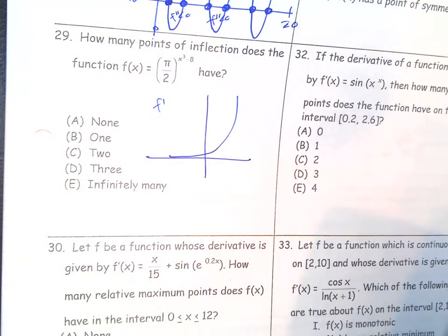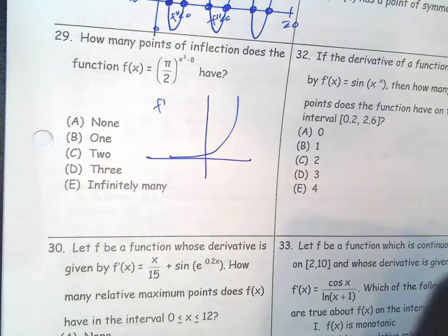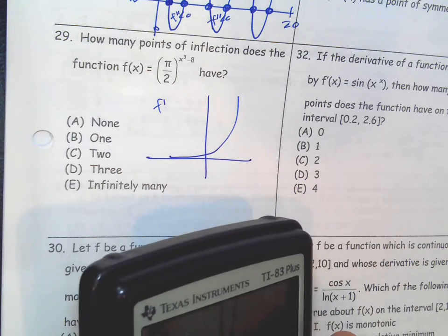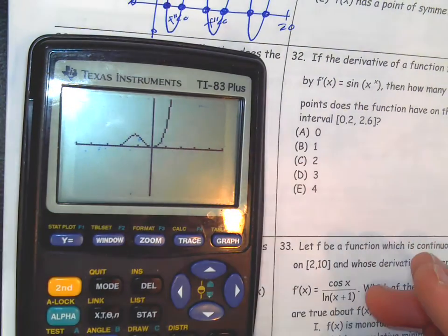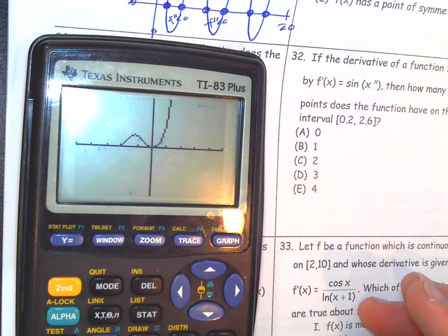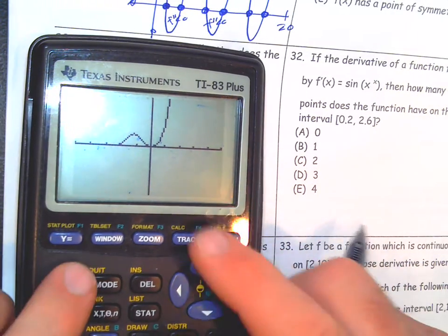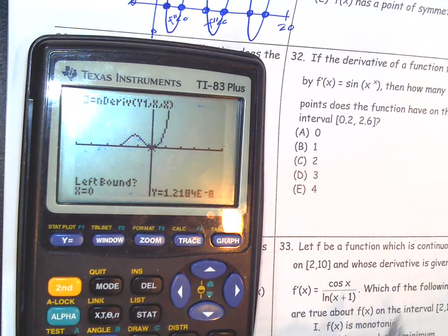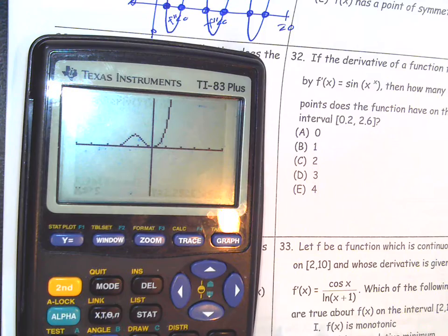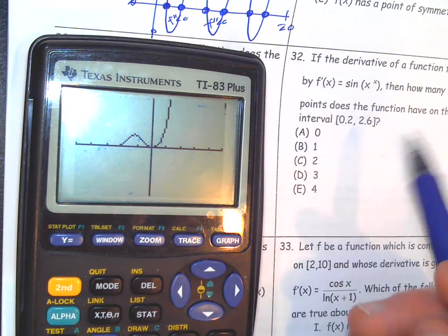What are we answering? How many inflection points? I mean, geez. Here, let's look for x-intercepts. We can say second calc 0. We can say -5 to -1, guess -2. I'm going to see if there's one around there.